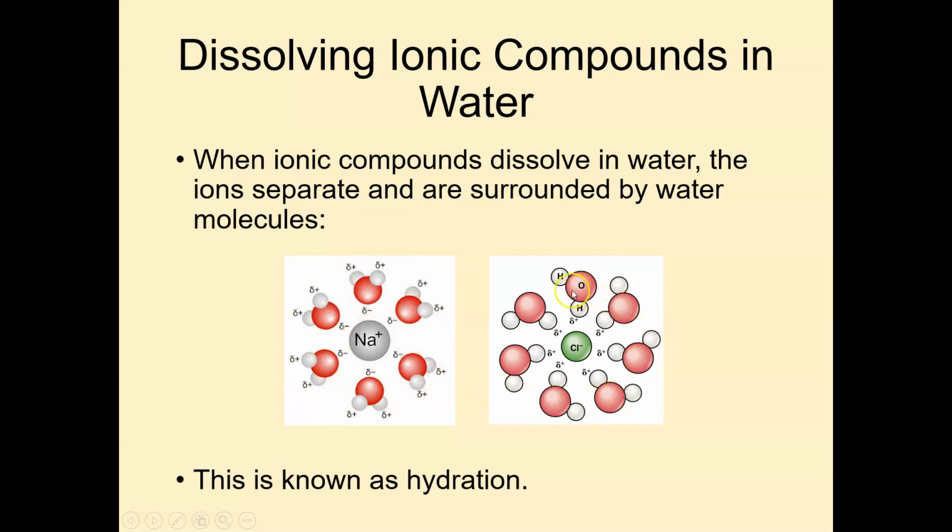The point I'm trying to make, and I'll make it more explicitly on the next slide, is that when I dissolve a compound, say sodium chloride, in water, its ions split apart into hydrated sodium ions and hydrated chloride ions. This process of water surrounding ions is known as hydration.